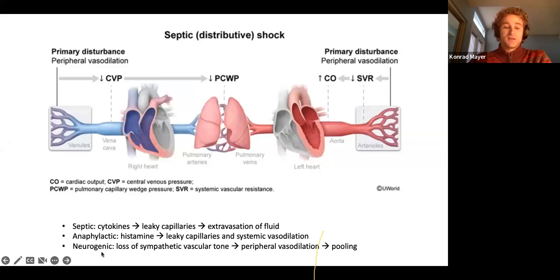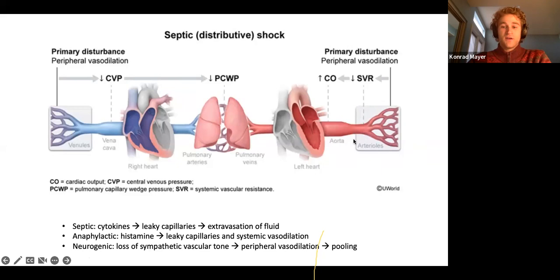And in neurogenic shock, we have a loss of sympathetic vascular tone, which means we have a predominant vagal or parasympathetic tone, which means that we have peripheral vasodilation and pooling of blood in the periphery.